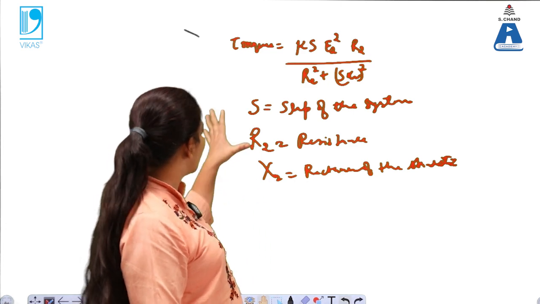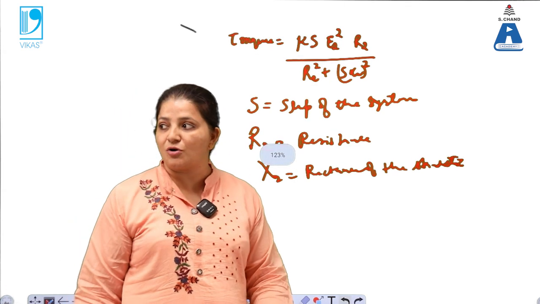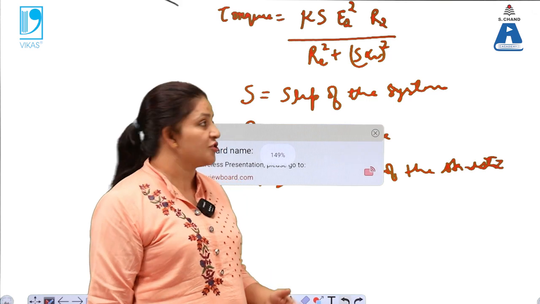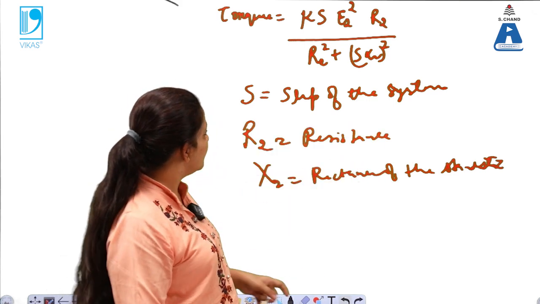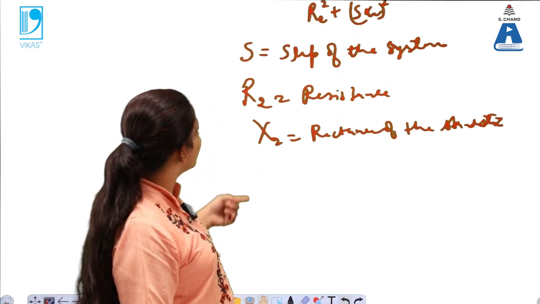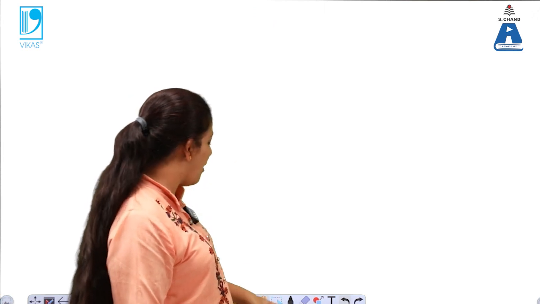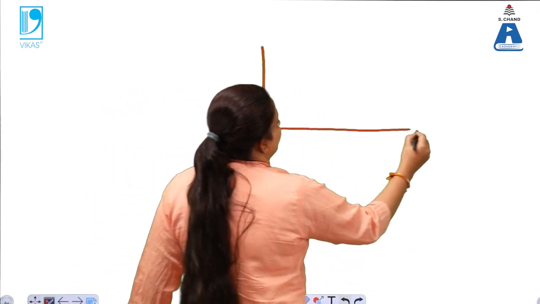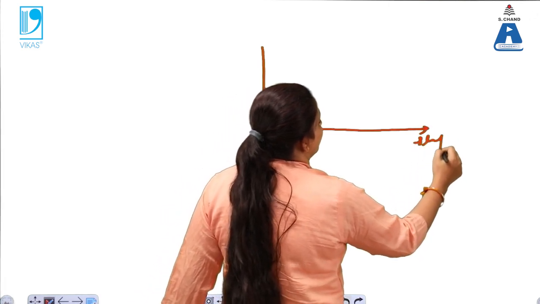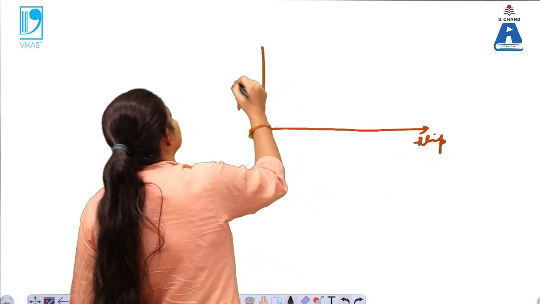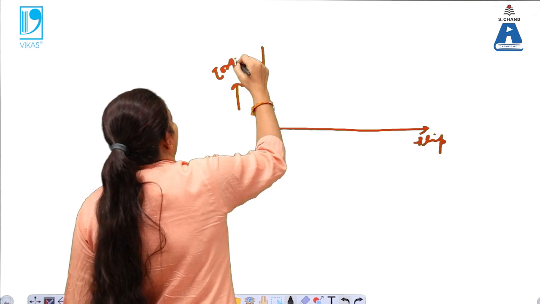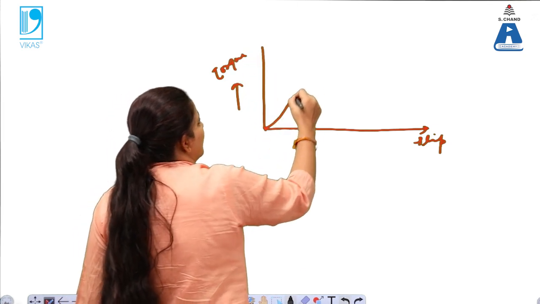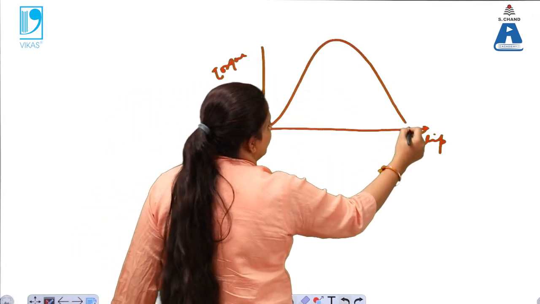Now we want to derive the relationship between torque and slip of the induction motor. How can that be derived? You can clearly see that the variation of torque and slip can be shown like this. If this is the slip and this is the torque, this kind of characteristic is followed.